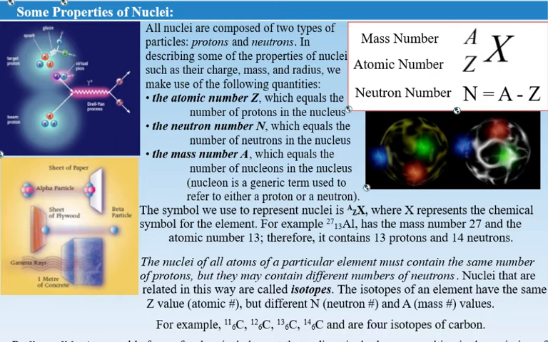So when we look at the element, because not everybody in the classroom has taken chemistry or AP chemistry, or if you have taken chemistry, you may not remember this already, we're just going to review this.